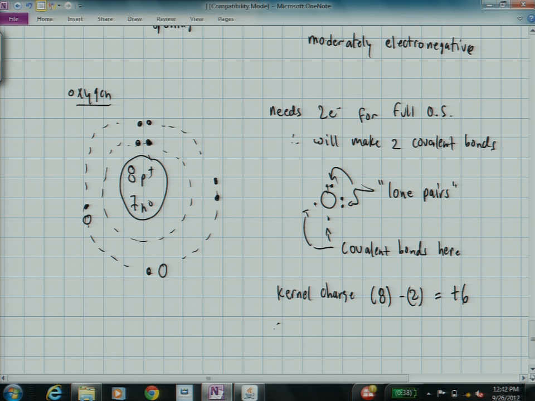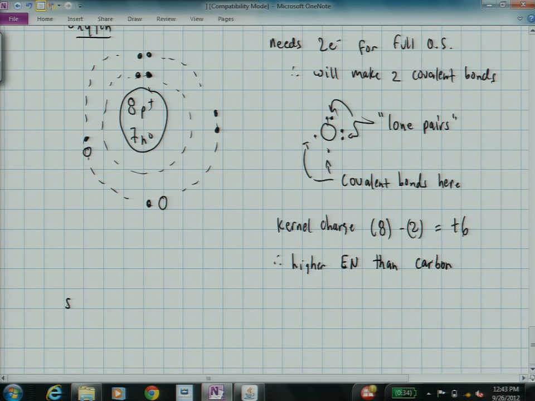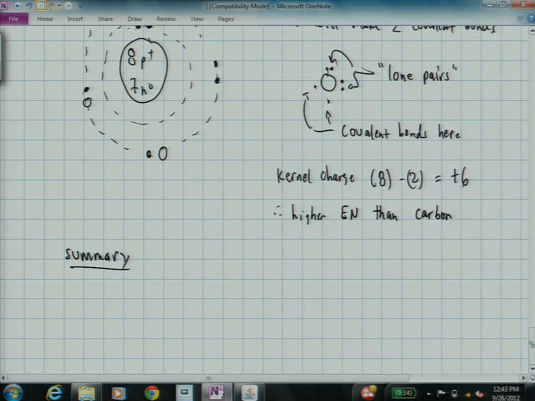All right. So rather than doing all the atoms we care about, I want to make a summary. All right? And atom, number of covalent bonds, and electronegativity, roughly.